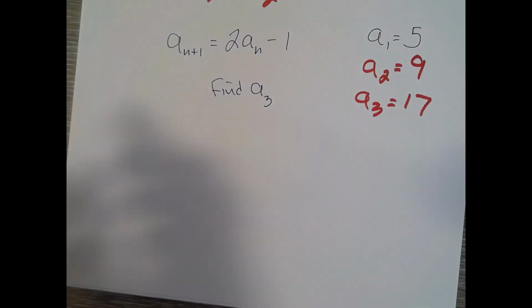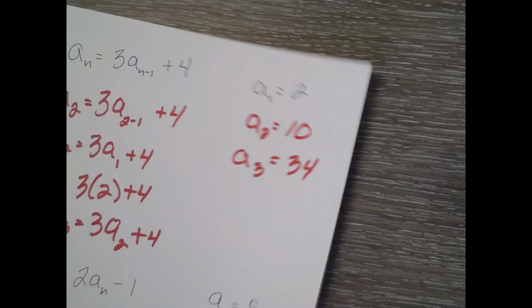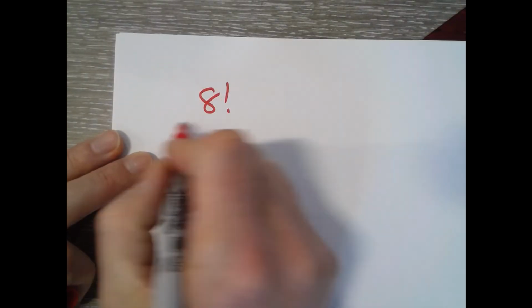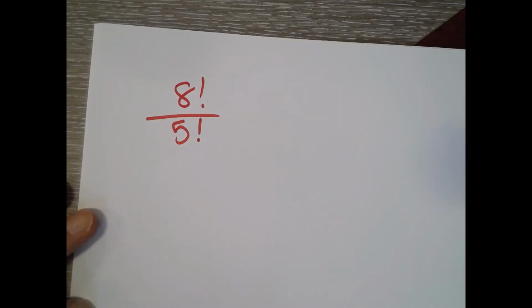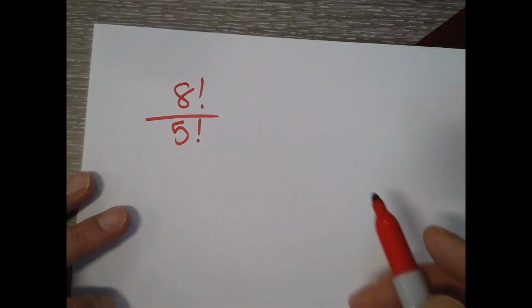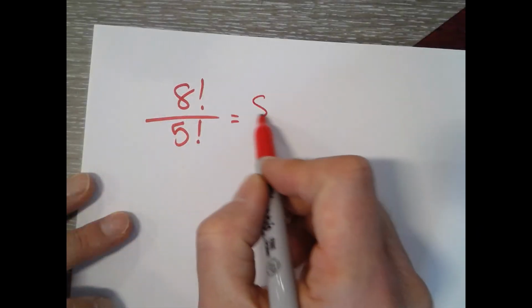If I was going to simplify, say 8 factorial over 5 factorial, what would that be? Well, you should be able to do this without a calculator. Okay, so 8 factorial is a big old number.